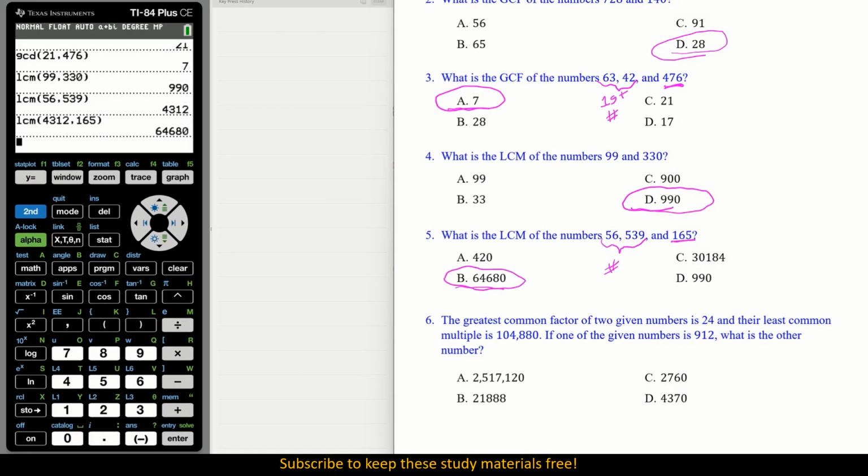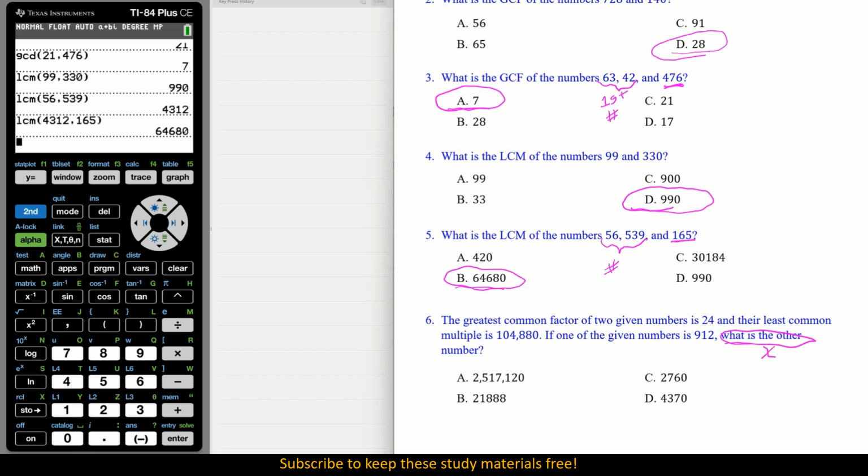Number 6, the greatest common factor of two given numbers is 24, and the least common multiple is 104,880. If one of the given numbers is 912, what is the other number? Well, first off, the other number, we're going to call it x, okay?